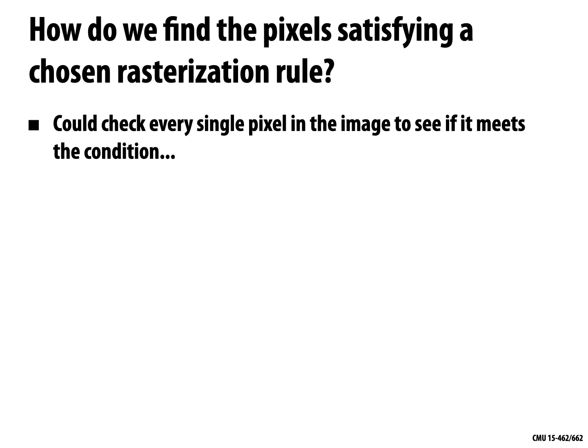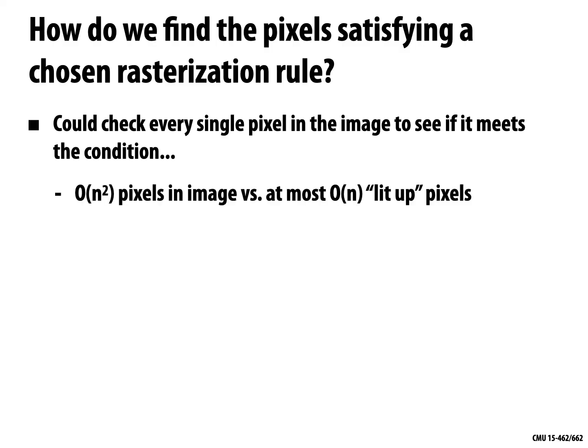In terms of n, the size of the image, how many operations do I have to do for this rasterization? Okay, I have to do n squared operations. I have to check all n times n pixels in the image.